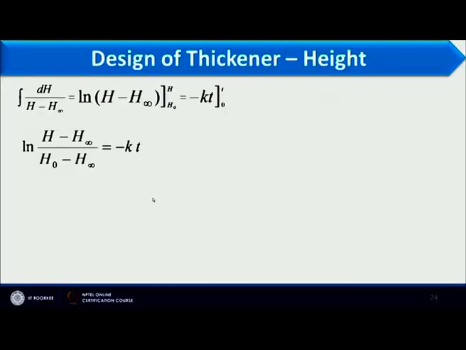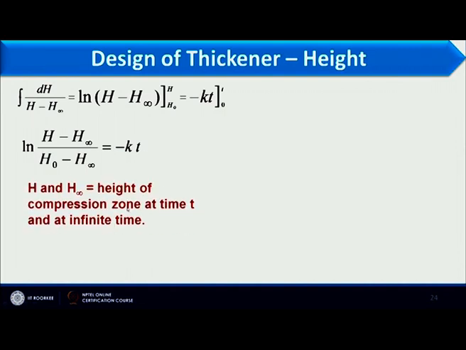After integrating, we have the log of (H minus H infinity) by (H naught minus H infinity) equal to minus k T, where H and H naught are the heights of the compression zone at time t and at initial time, and H infinity is the final height of the constant compression zone.